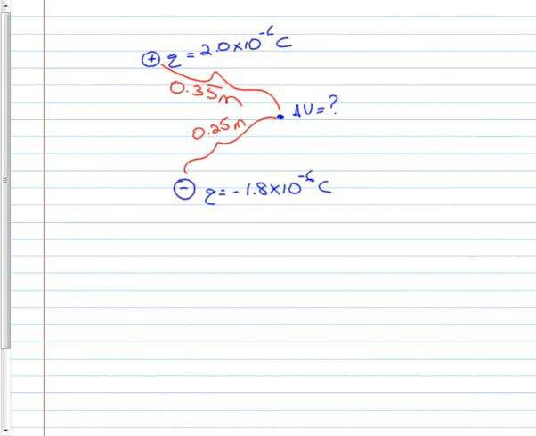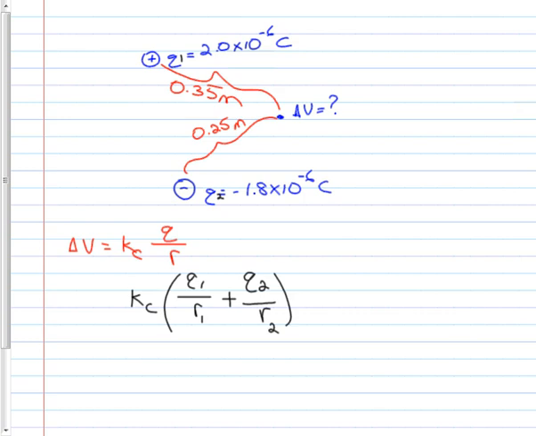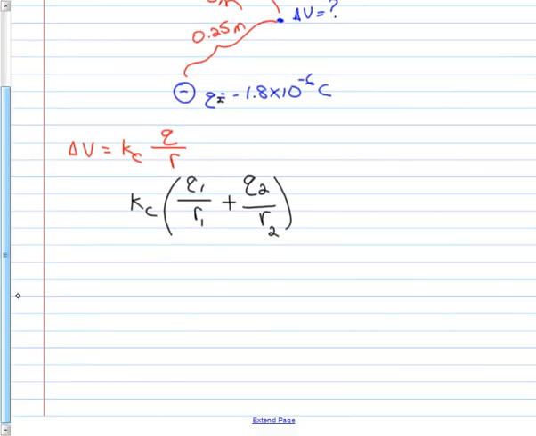So we have a formula. Electric potential is going to be Coulomb's constant times the strength of the charge divided by the distance I have away from it. So if I call that 1 and I call that 2, Coulomb's constant times charge 1 over its radius plus charge 2 over its radius. And I'll fill in the numbers and you'll do the math for me.